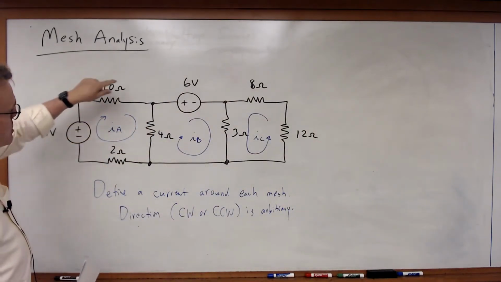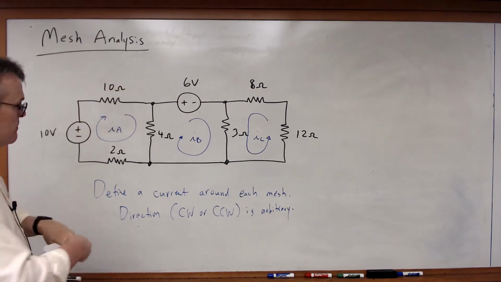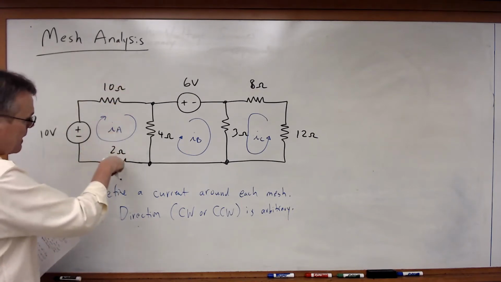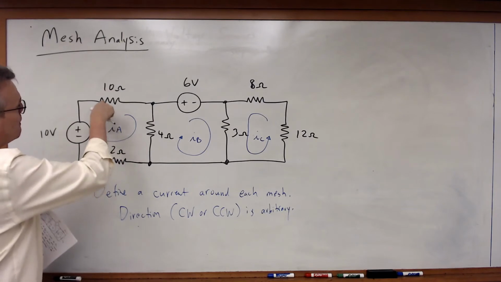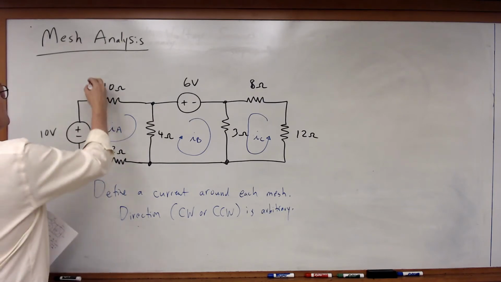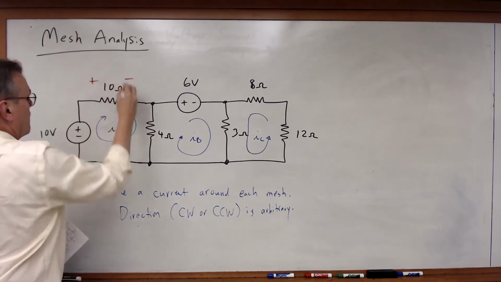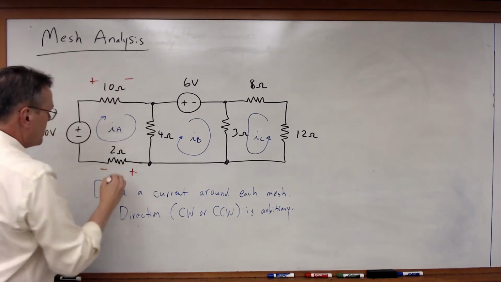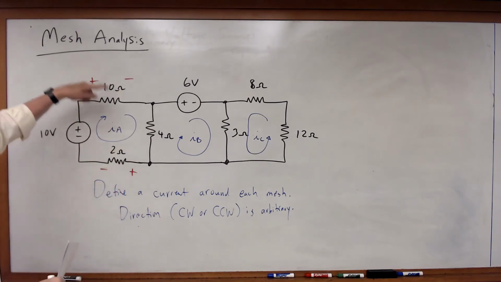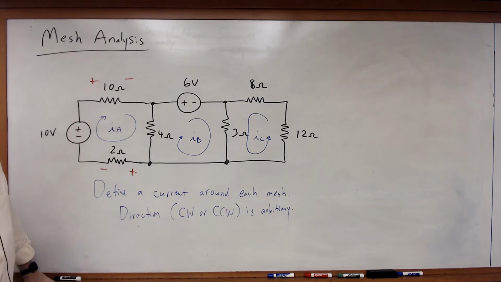In that case, we're just going to use the passive sign convention. For example, IA is the only mesh current flowing through the 10 ohm and the 2 ohm resistor. So according to the passive sign convention, those are the voltage drops across those resistors.